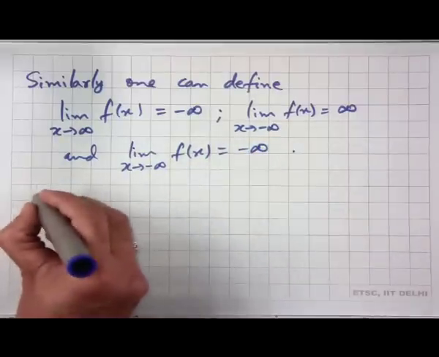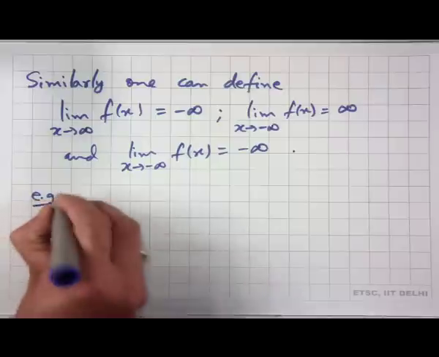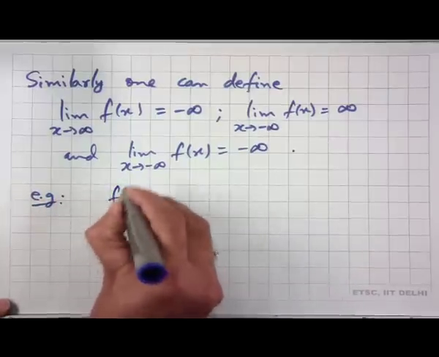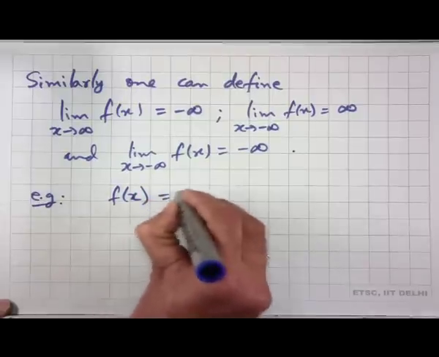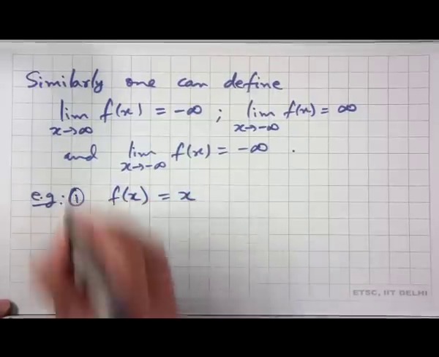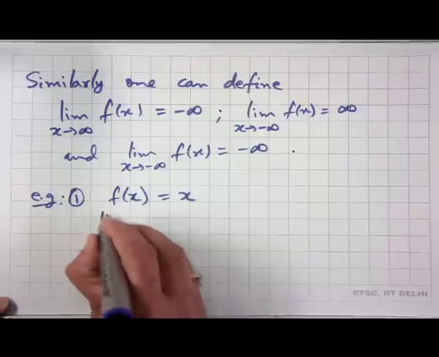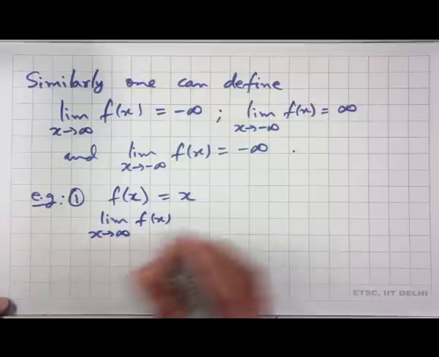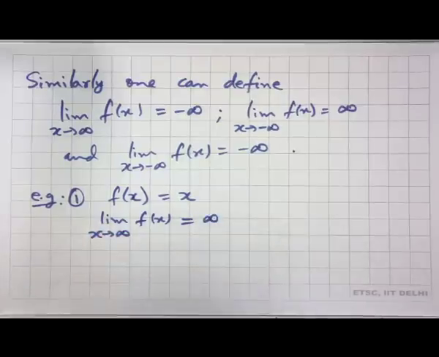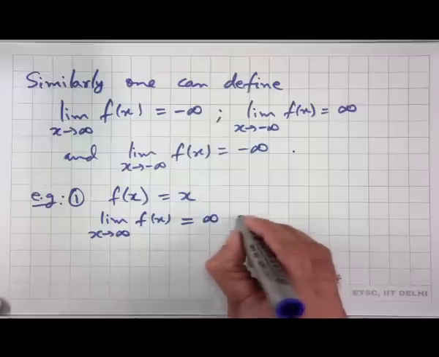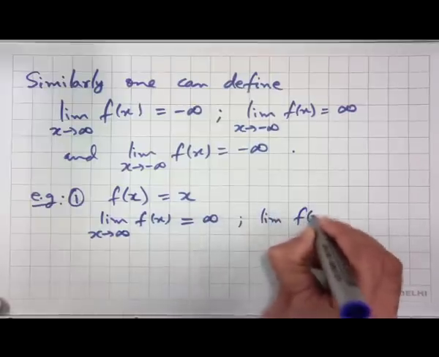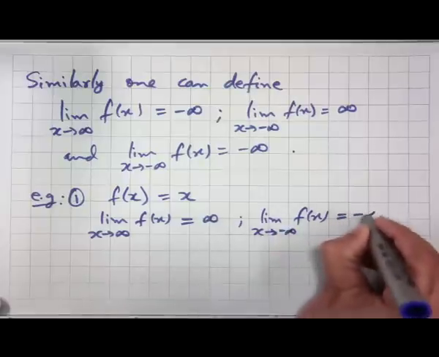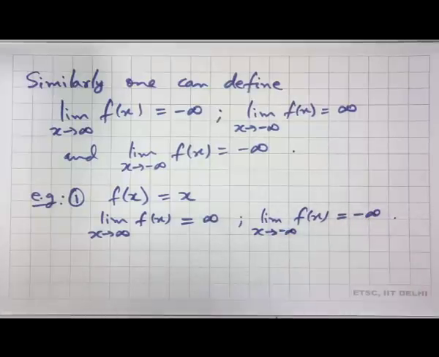So, example, if we take f(x) equal to x, the limit of f(x) as x goes to infinity is equal to infinity, and the limit of f(x) as x goes to negative infinity is equal to negative infinity, right, because we have f(x) equal to x.